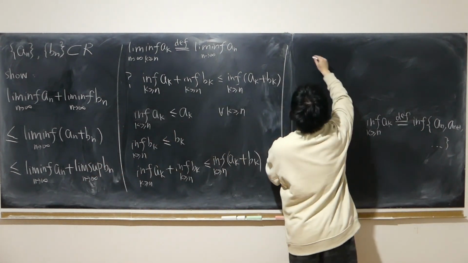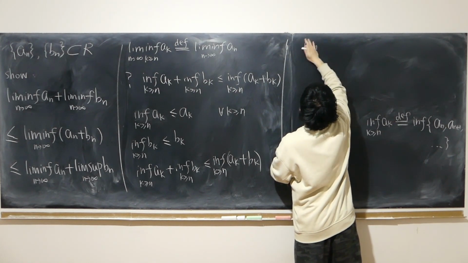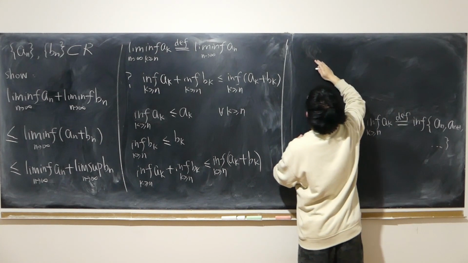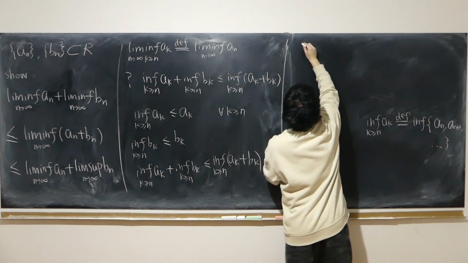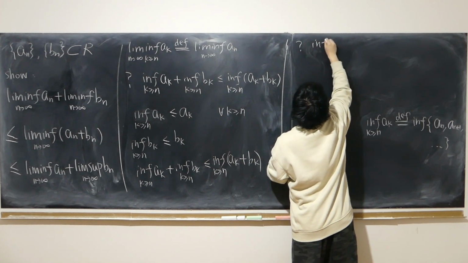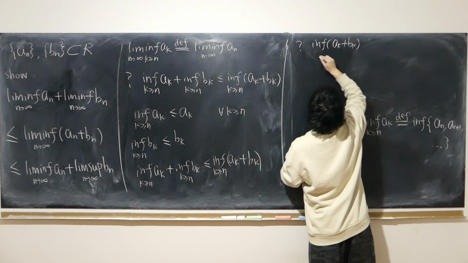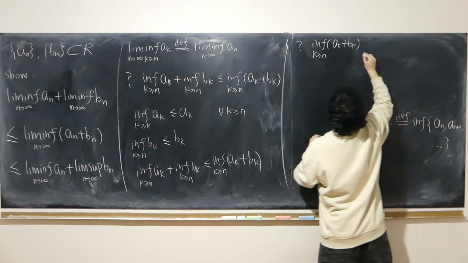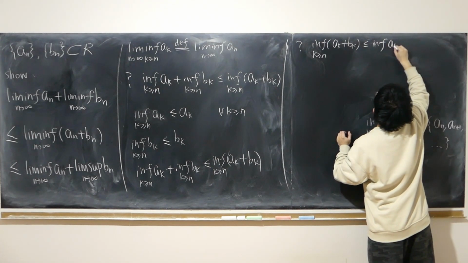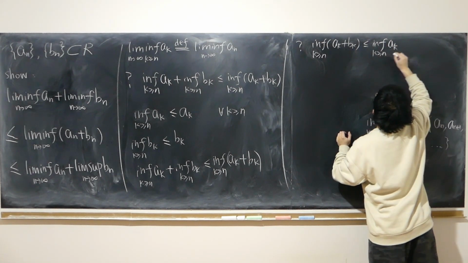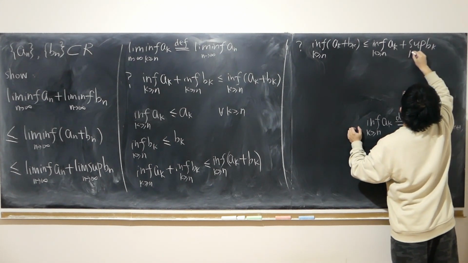The easy part is easy. Can we first show the inf of ak plus bk is less than or equal to the infimum of ak plus the supremum of bk?